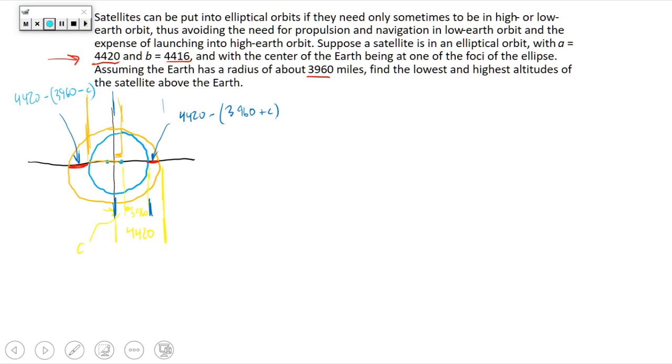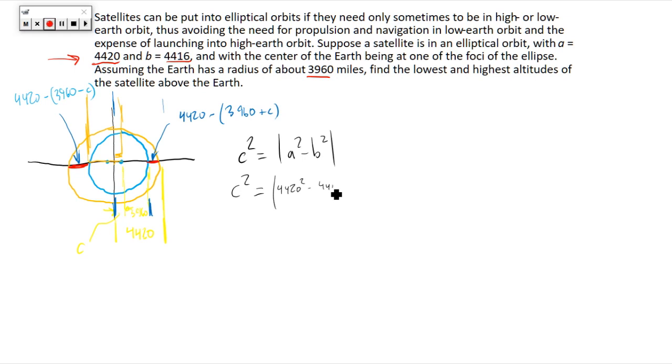There's an equation for an ellipse: c squared is equal to the absolute value of a squared minus b squared. So these are big numbers. c squared is equal to the absolute value of 4420 squared minus 4416 squared. c squared is going to be equal to, after you do that math, 35,344 or something like that.